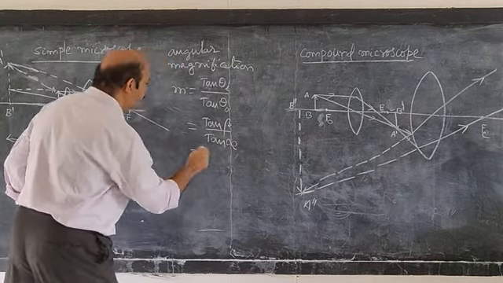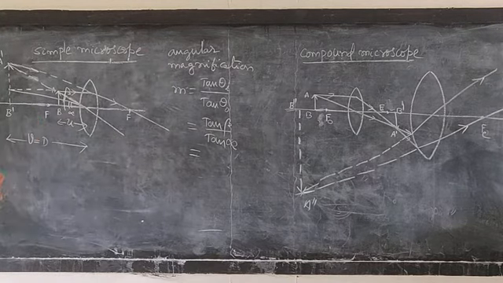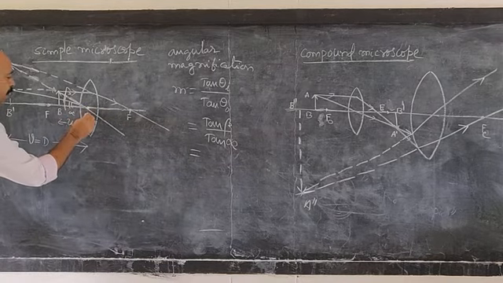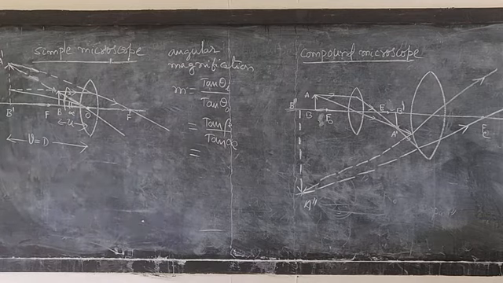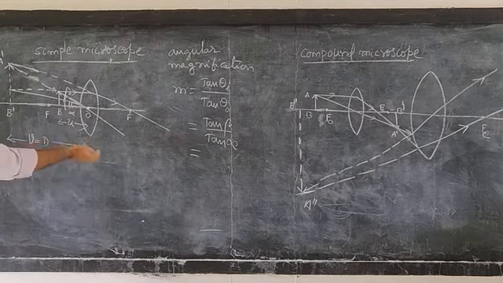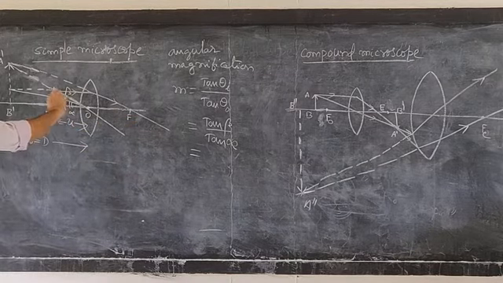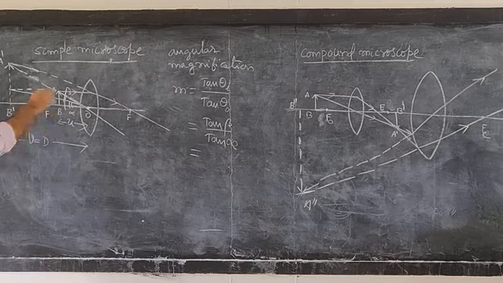From the figure you can see that tan beta is A dash B dash by OB dash, where let us call this O, the optical center of the lens. Similarly, tan alpha is equal to the linear size of the object, say h, by the same distance OB dash.